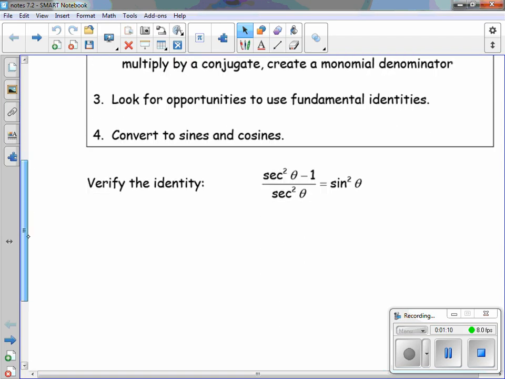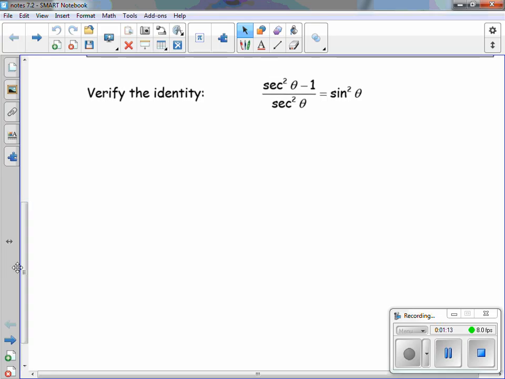All right. So for this first one, which side would you say is more complicated? The left side would be more complicated for sure. So we look for a way to make that left side look like the right. And as we talked about a couple minutes ago, we have secant squared theta minus 1, which could be what?